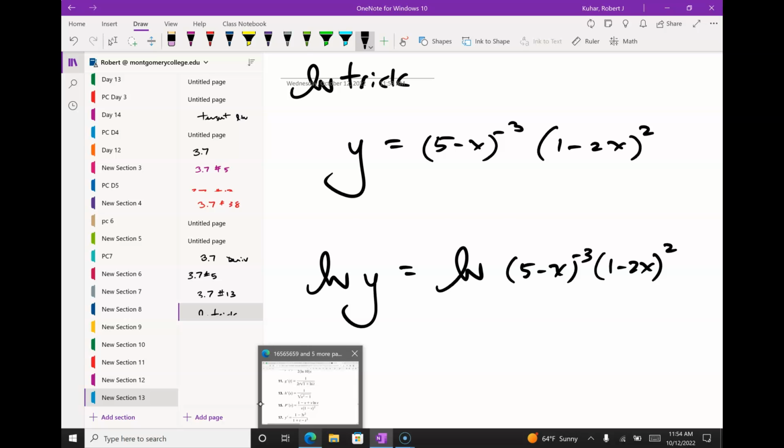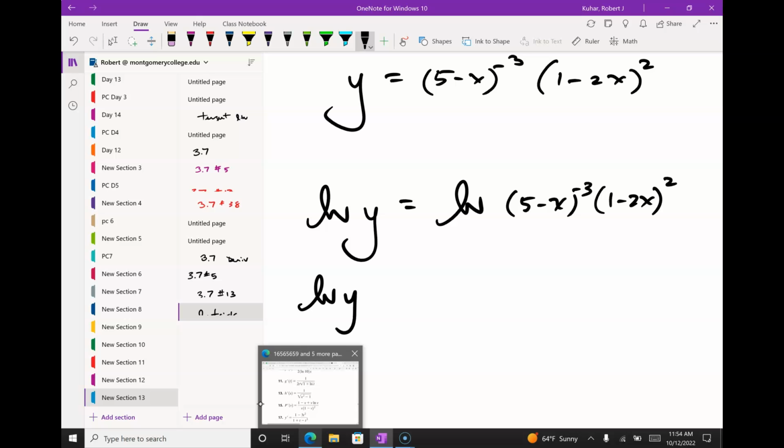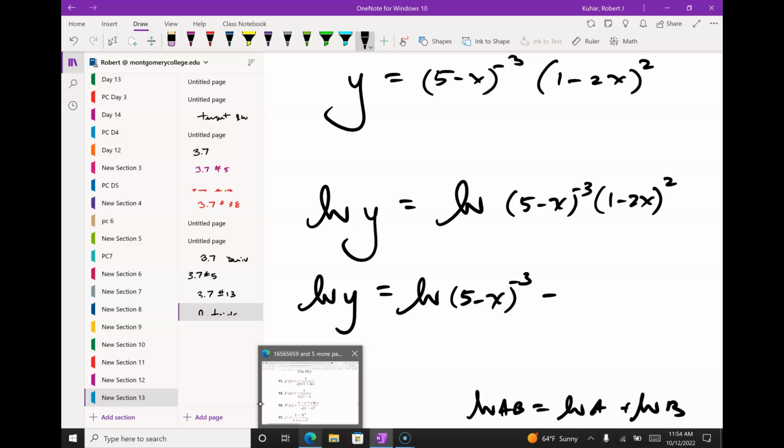So remember that property from pre-cal, right? ln of AB is ln of A plus ln of B. This is me multiplying like bases. What I'm actually doing is adding exponents. So I get here the ln of that first factor plus the ln of the second factor. Is that ringing a bell to anybody?